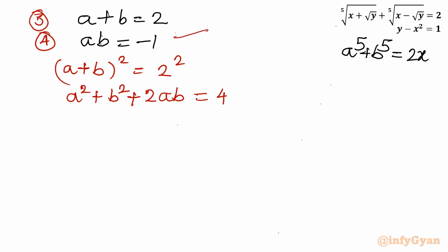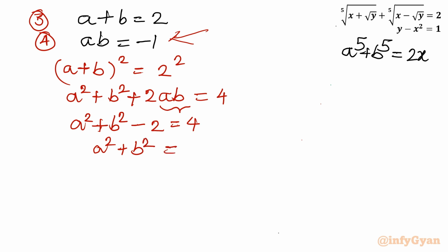Now we know that ab is negative 1. Let us put this value here. So it will become a square plus b square minus 2 equal to 4. So a square plus b square value would be 6. 4 plus 2 is 6.